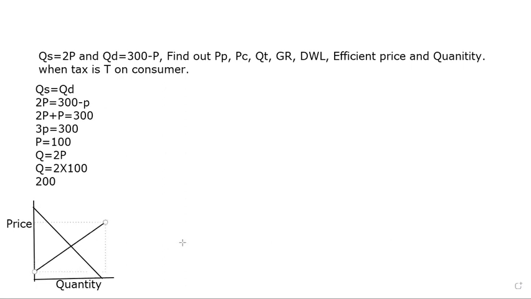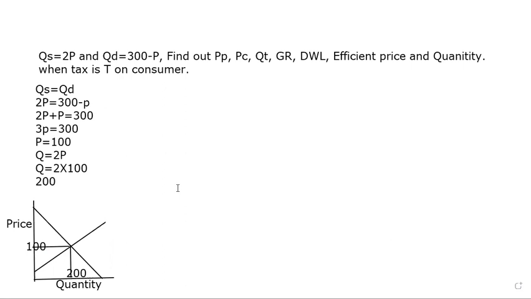Because there is always some fixed cost, we should start the supply like here. Now our quantity is 200, its price is 100. So this is the efficient market condition.